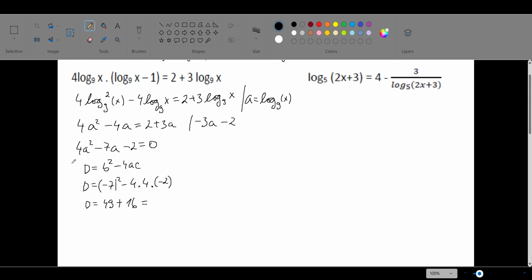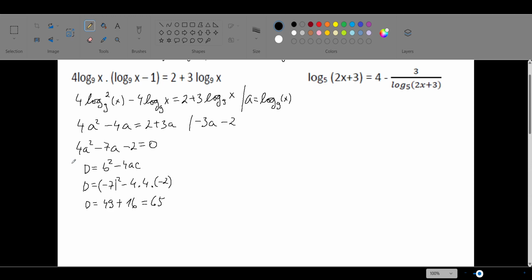So our discriminant is equal to 65, which is not a nice number. So I'm pretty sure there is something wrong with my equation, because I would expect the solution to be something which is much nicer. So the question is, where is the mistake?